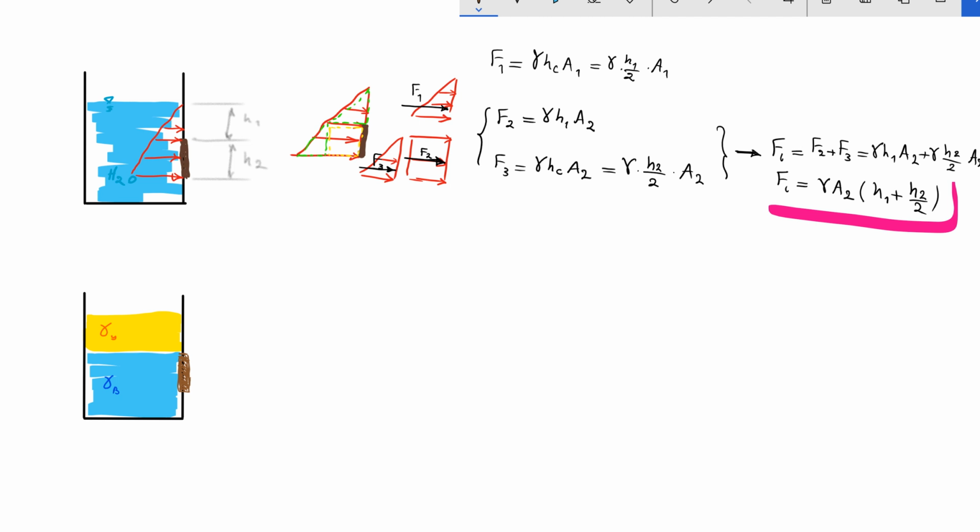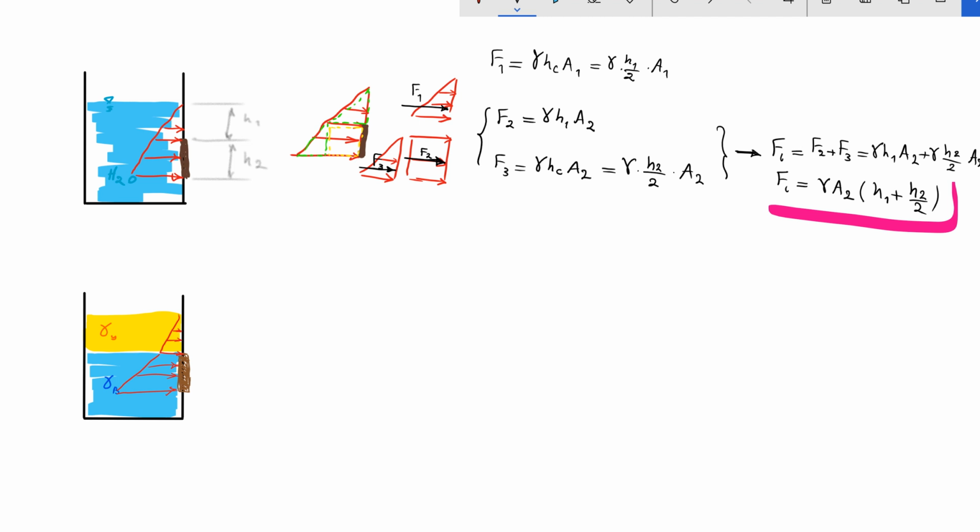Okay, let's draw the pressure prism. It is going to be something like this up to this level. Because the liquid changed, the pressure is going to change, and for example linearly going to increase, but we have a broken line at the interface of those two fluids.